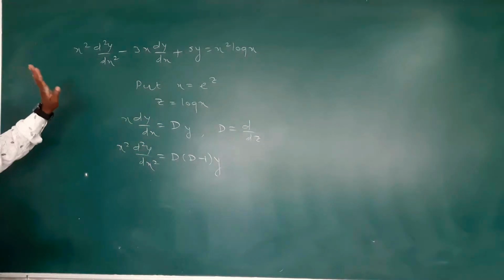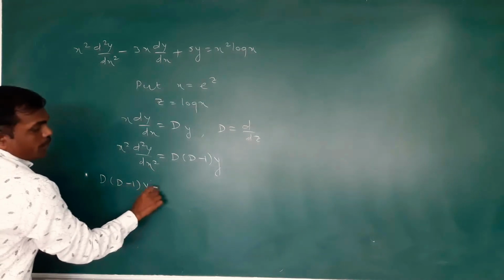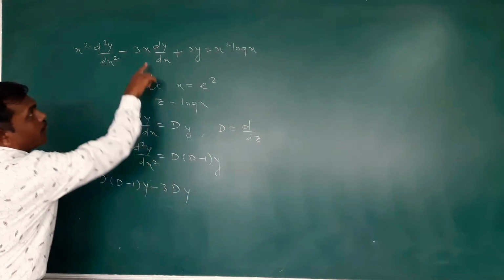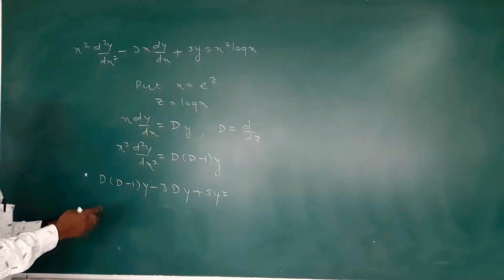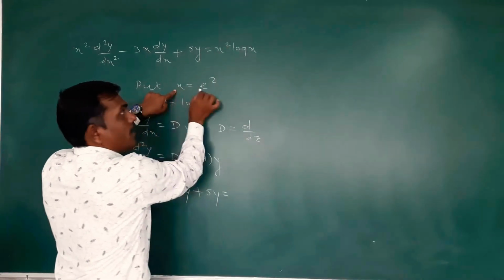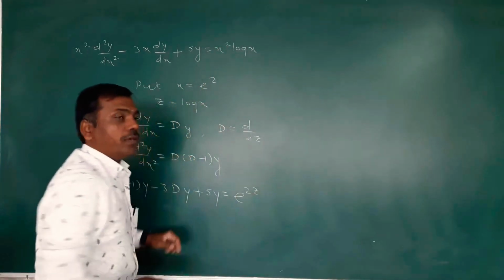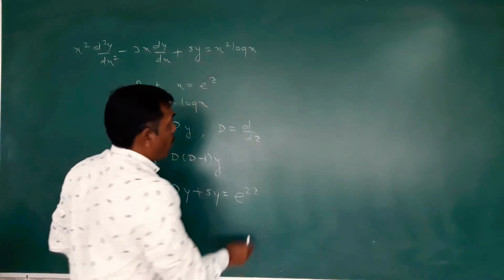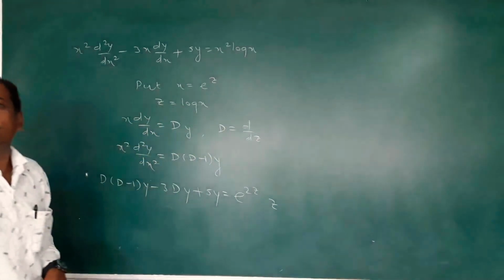Okay. Now substitute these values. So D into D minus 1 y minus 3 Dy, plus 5y is equal to x square. x square means e raised to 2z. Then log x means z. So z into e raised to 2z.